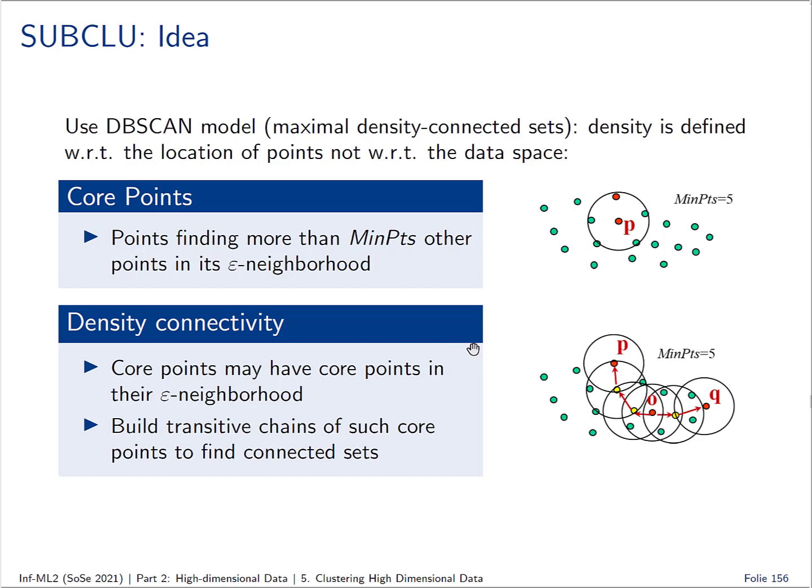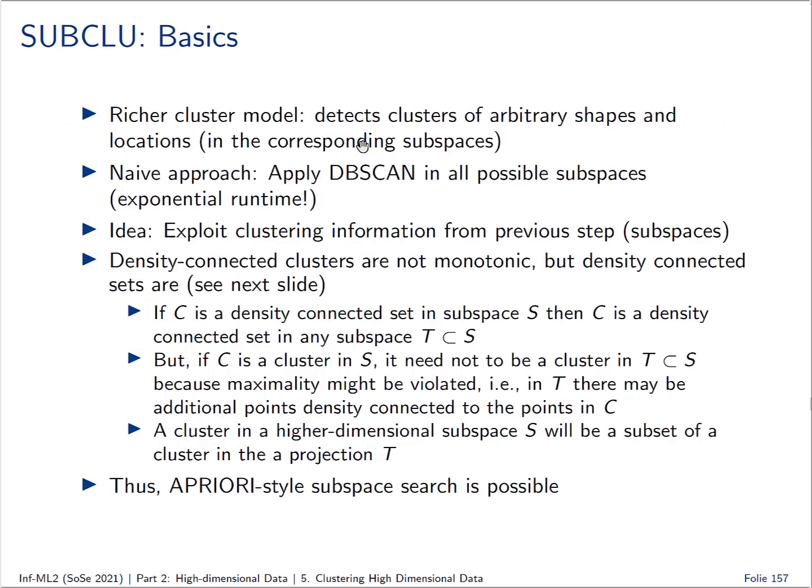We also look for maximal connected volumes, and the volumes are now these spheres, hyperspheres around the points, containing more than minPts points, of course. So the cluster model is now a little richer, a little bit more expressive, and we can, of course, detect clusters of arbitrary shape and size, and also location, in the corresponding subspaces at least.